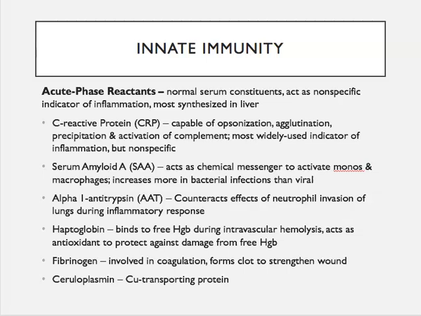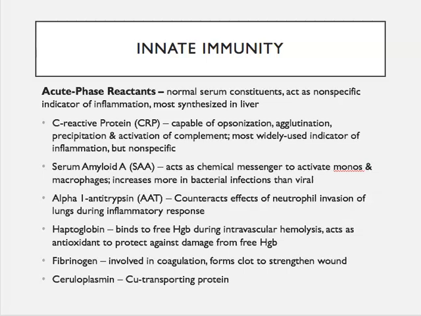Some of the most important acute phase reactants and some of the ones that we most commonly measure in the lab are C-reactive protein, or CRP, which is synthesized in the liver. It's like an antibody because it is capable of opsonization, which that term means the coating of foreign particles with antibody.